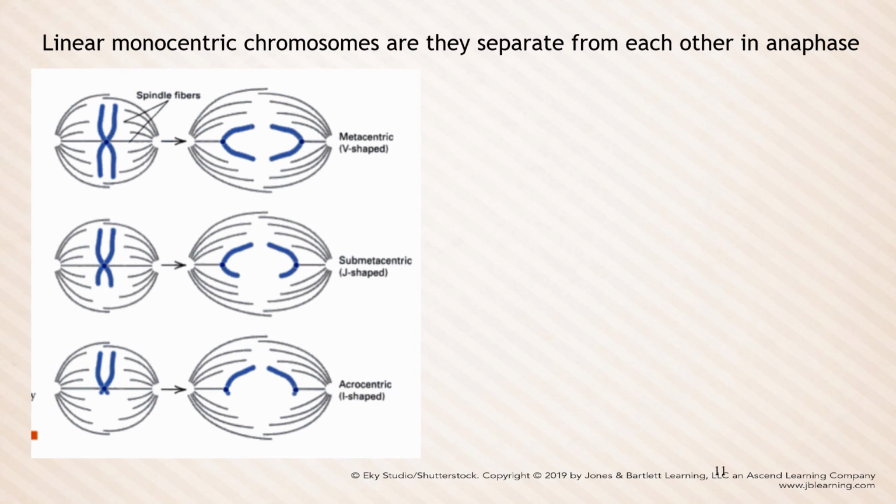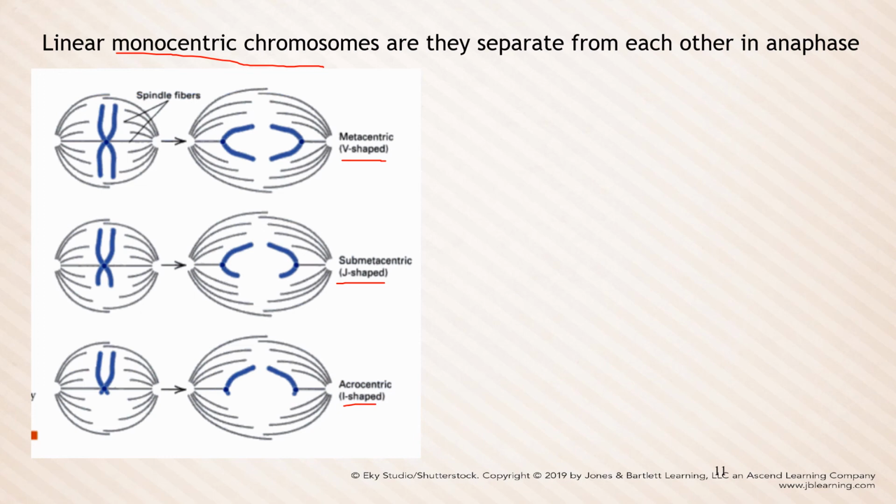In this schematic, I'm also going to talk about these linear monocentric chromosomes and how they look during cell division. The metacentric during cell division will have a V shape, while the submetacentrics will form a J shape, and the acrocentric during cell division will look more like an I shape.